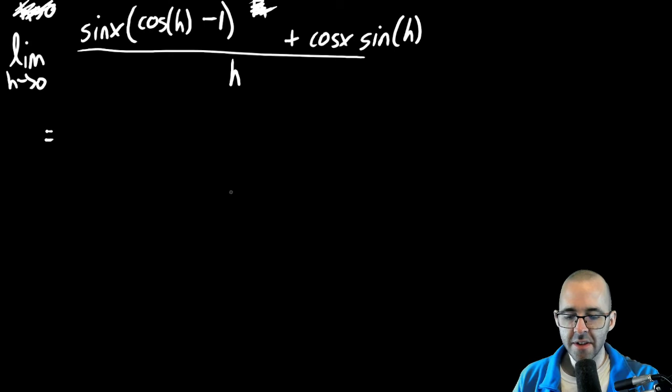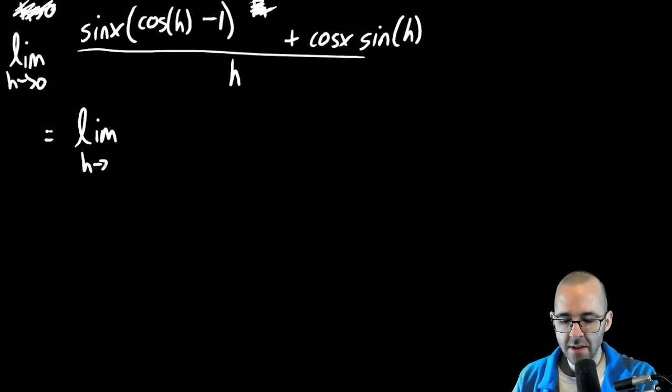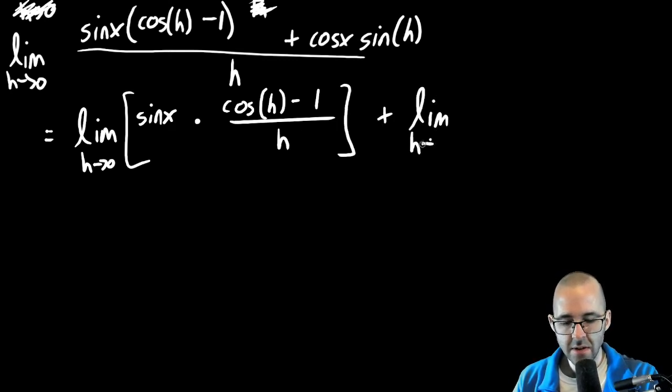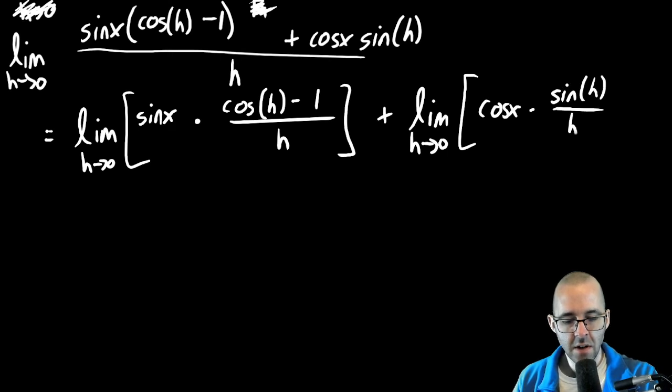So now let's just split this into two fractions and two limits. We can do both of those as long as the limit exists. Remember, as long as the limit exists, we can split things up. And let me rewrite that first fraction a little bit. Write it as a sine of x times cosine of h minus 1 over h plus the limit as h goes to 0 of the second thing, which is cosine of x times sine of h over h.